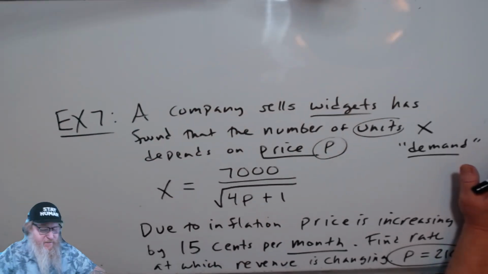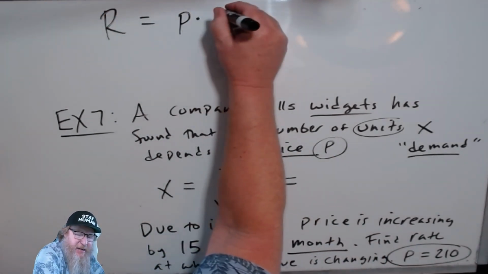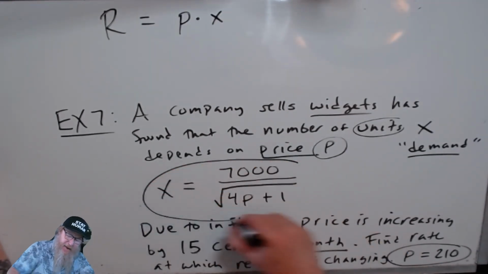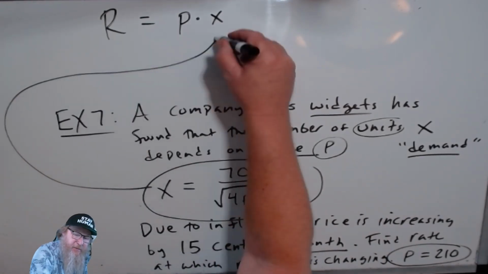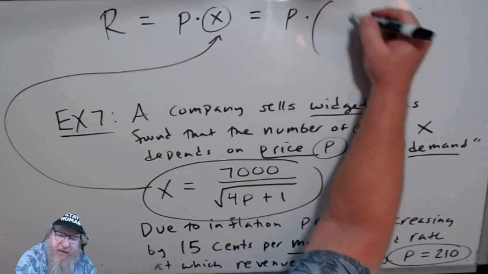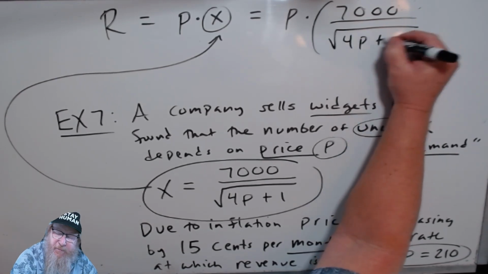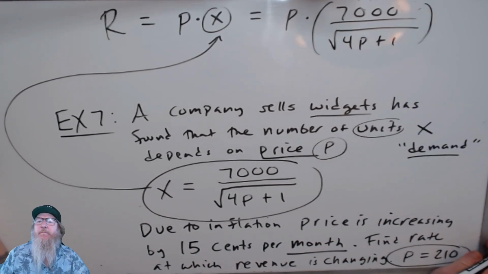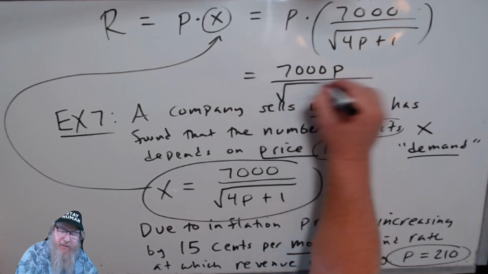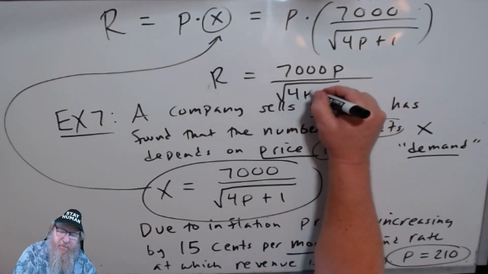All right. So what do we have? We have revenue is P times X. And this is X. So revenue is going to be P times this whole formula, 7,000 over the square root of 4P plus 1, which is equal to 7,000P over the square root of 4P plus 1.